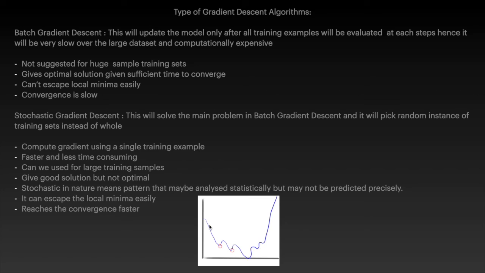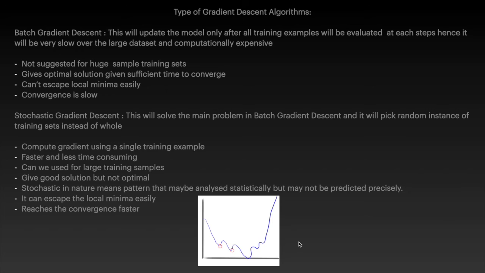However, it will take a lot of time to converge, and there is a chance that it can get trapped in a local minima. We will discuss the local minima trap in subsequent lectures. Since batch gradient descent considers all the training examples, the convergence will be slow.